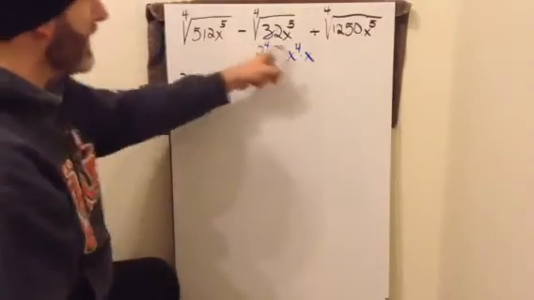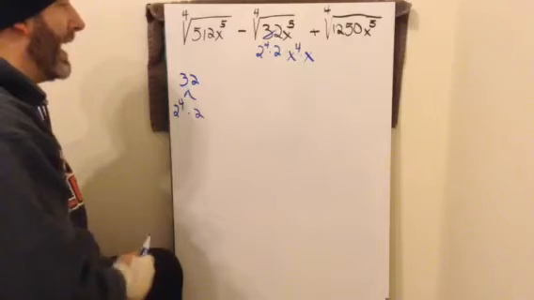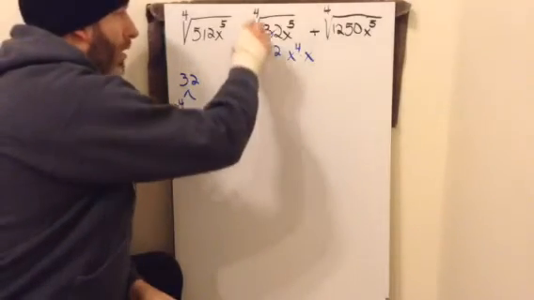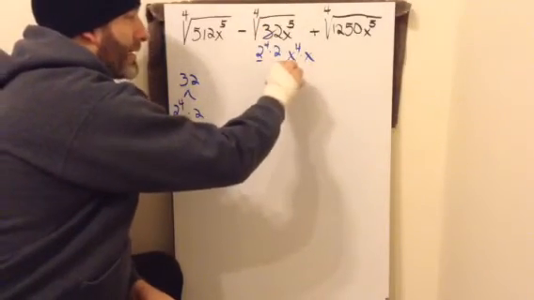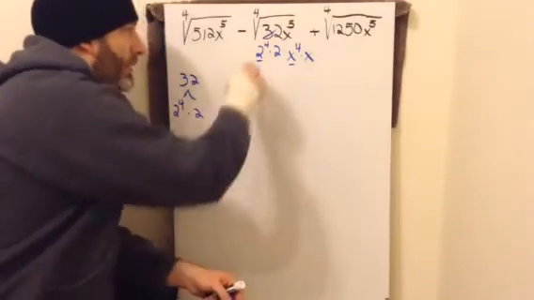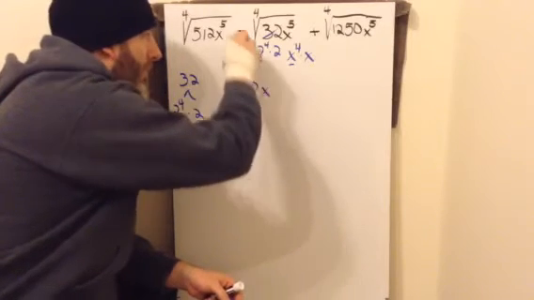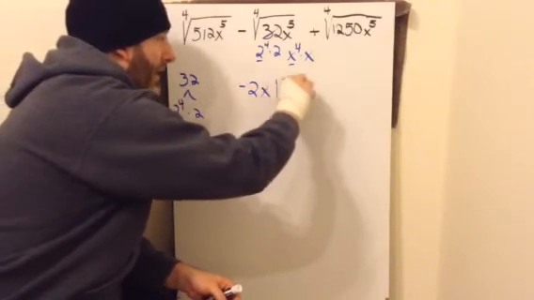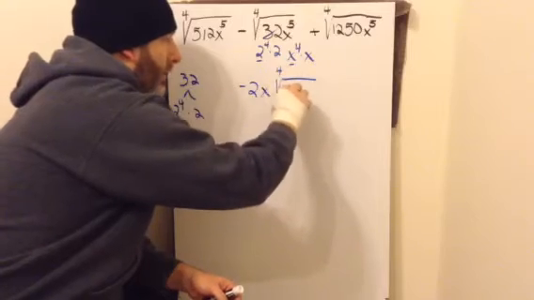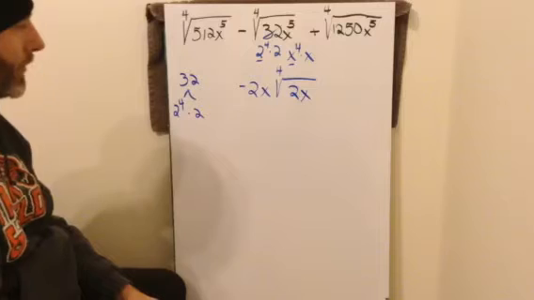Because I gave you x to the 5th for all of them, we really only have to repeat that once. Remember, if the power matches the index, we take out the base. So we're going to take a 2 out, and an x out. So I have the 4th root of 2x.